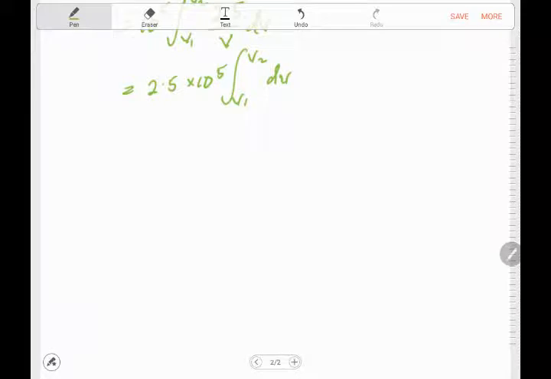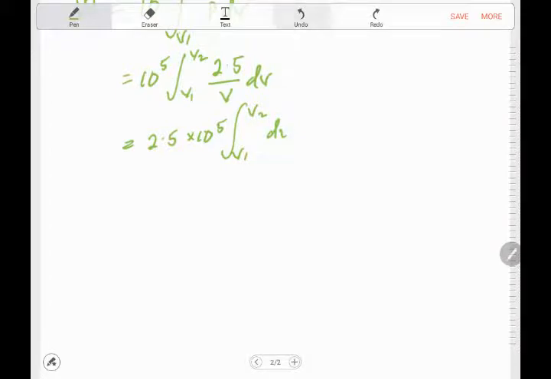I have taken out 2.5, so it's going to be 1 over V dV, because the 2.5 is out already.